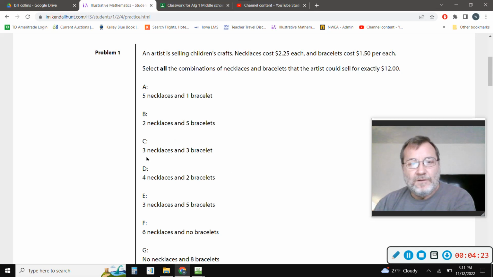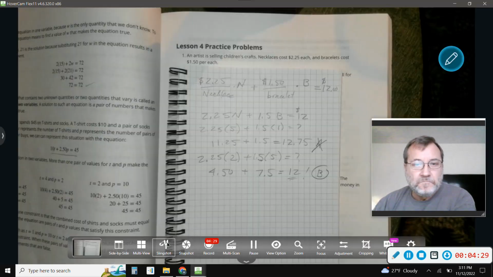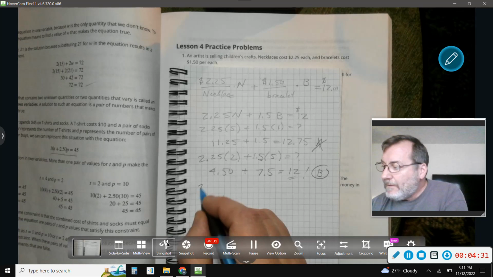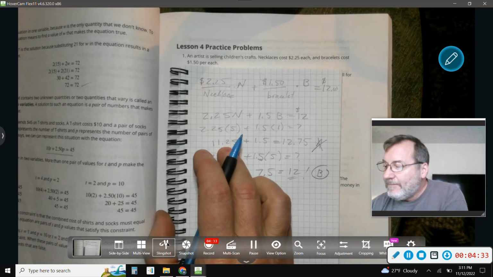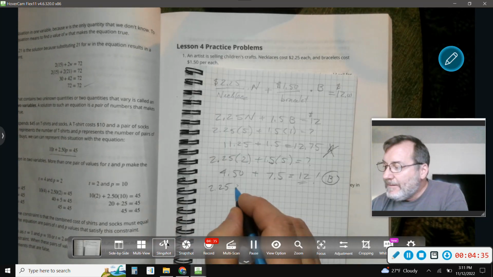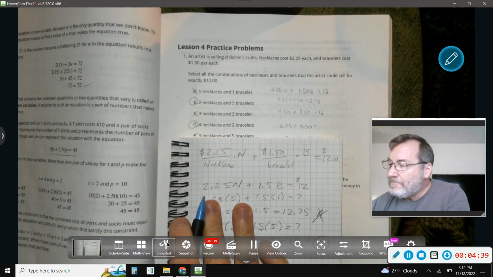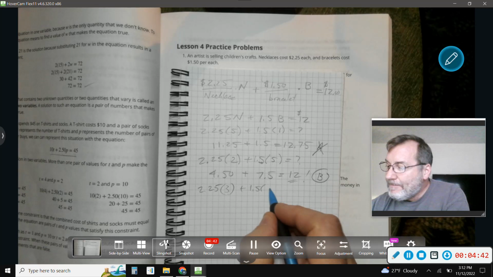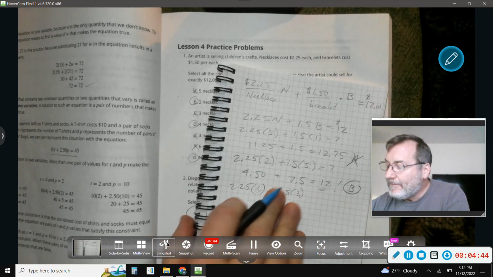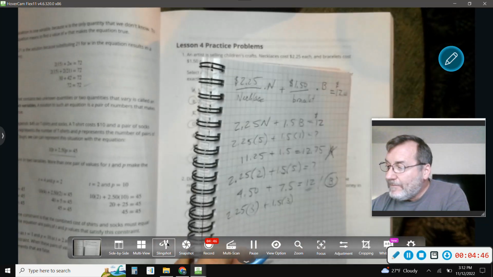And let's look at letter C here. So you're going to have 2.25 times 3 plus 1.5 times 3. Let me get that right. 3 and 3, yep.